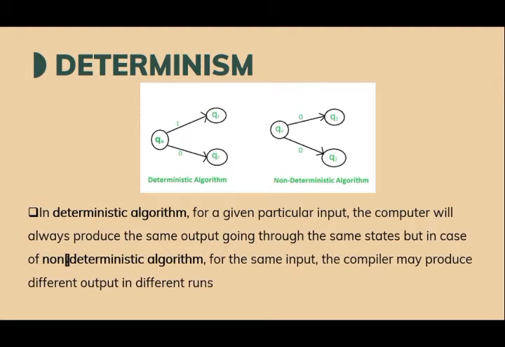But in the case of a non-deterministic algorithm, for the same input, the computer may produce different output in different runs. As you can see, there is an example. In the deterministic algorithm, whatever you put as input gives the same output. But in the non-deterministic one, whatever input you put here, there is a possibility of a different output.